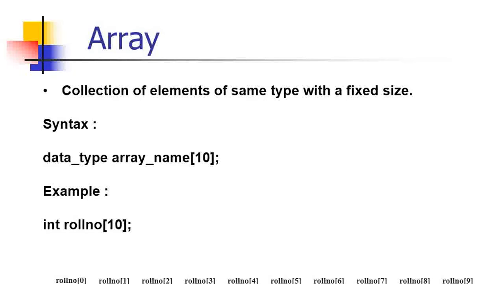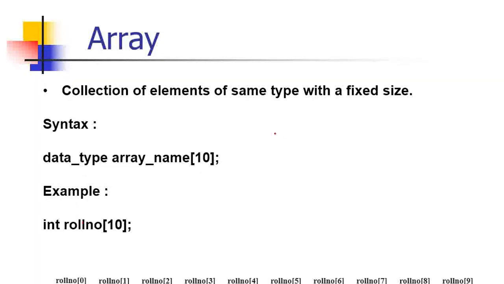All these elements have the size of an integer. We can't say the first can be an integer and roll number 1 can be a character and then it can be a float. This is not possible here, to have different types of data elements.